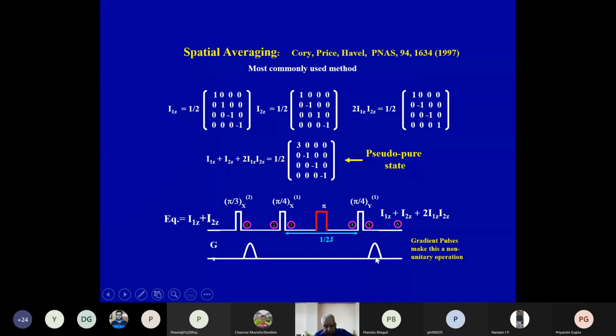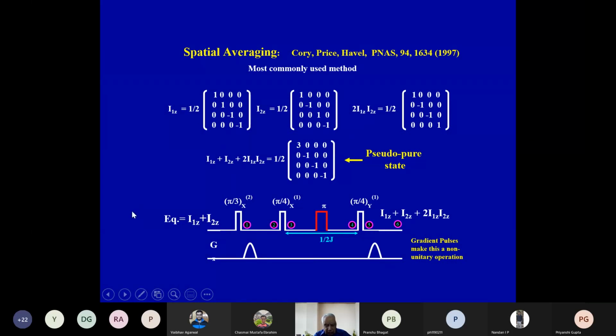The gradient pulses kill XY magnetization at this point and at this point, and they make it a non-unitary operation. So when you want to go from the equilibrium system to a pseudo-pure state, you have to do some non-unitary operations. The non-unitary operations are these gradient pulses which kill the X and Y magnetization at this point, and at this point.